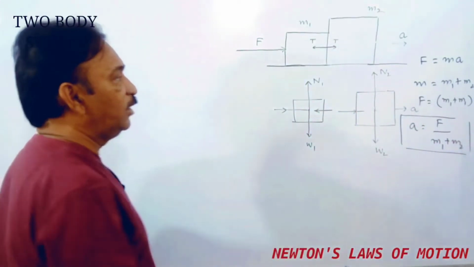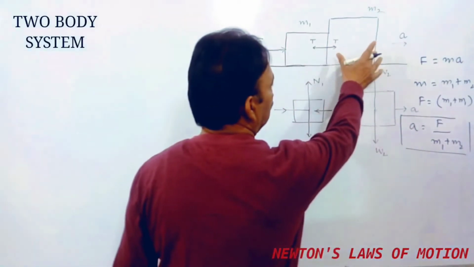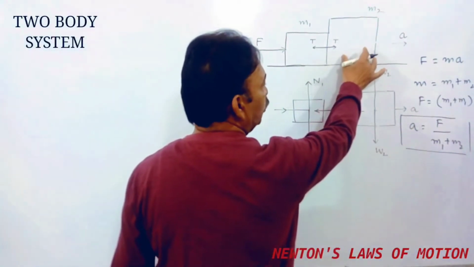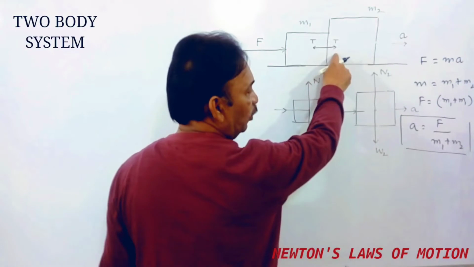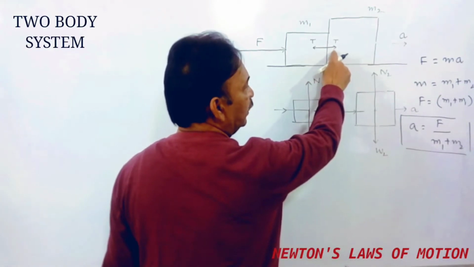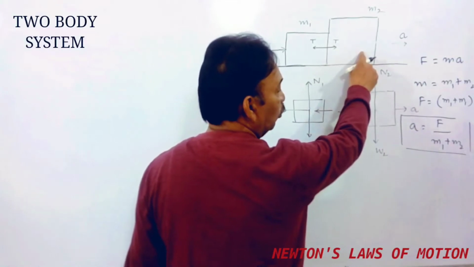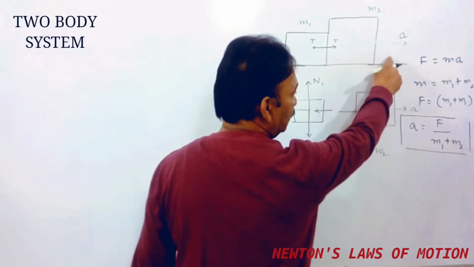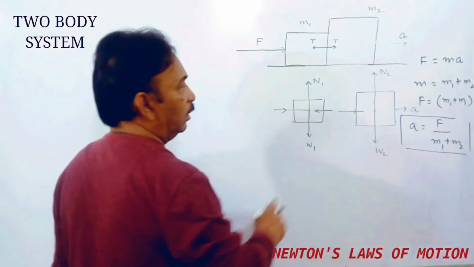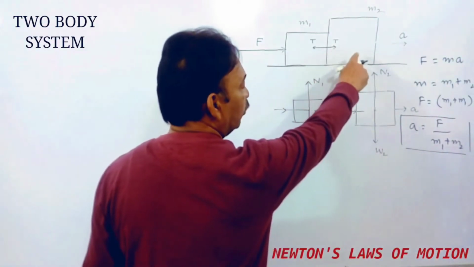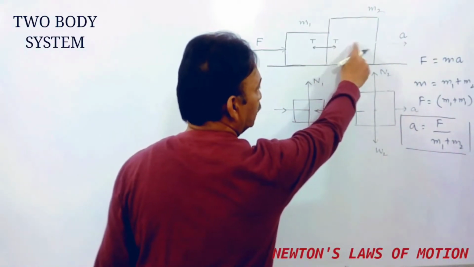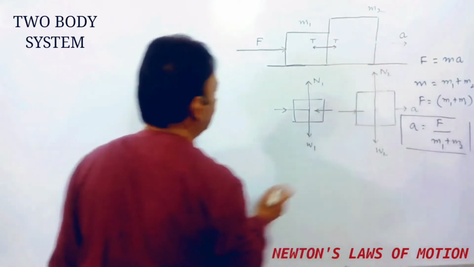Then we have to find out the contact force. See, this body m2 is moving under the effect of this contact force T. This contact force T is making the body move, which means it is providing the acceleration. Then this force must be equal to the mass multiplied by the acceleration.